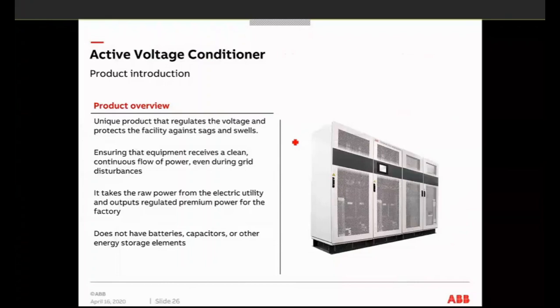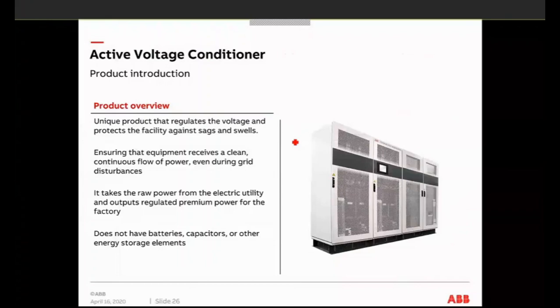So if you are having a problem with voltage sags, dips or swells, and you don't have any problem with power outages, then this product pretty much fits your requirement, because it not only solves this issue, but it solves it in a very fast way.